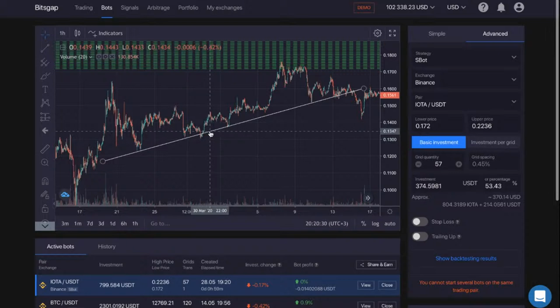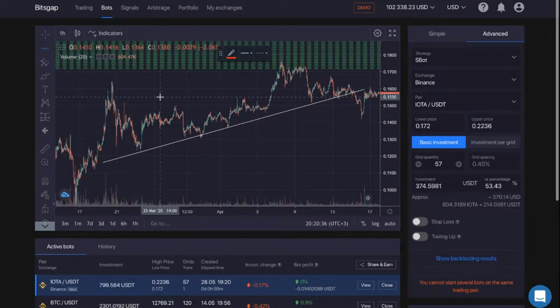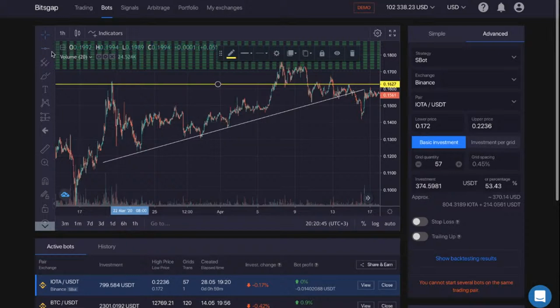So what I would do is enter the trade with my upper limit price exactly corresponding to the previous higher high. Let's use the yellow one, and I would define my bottom limit right here.